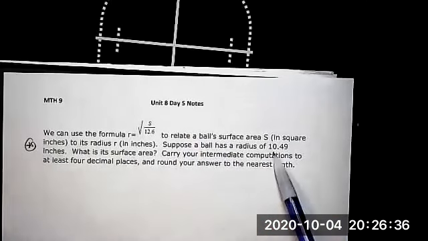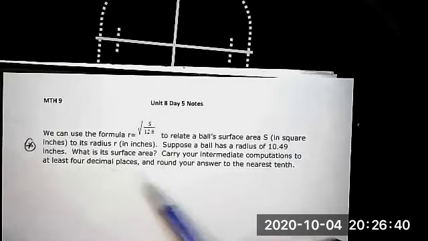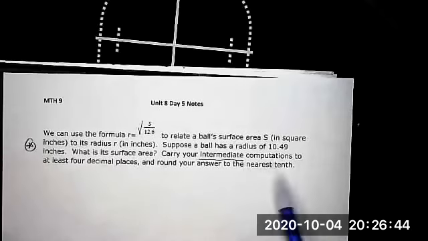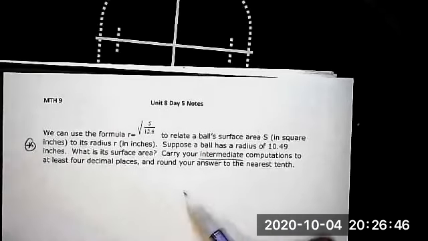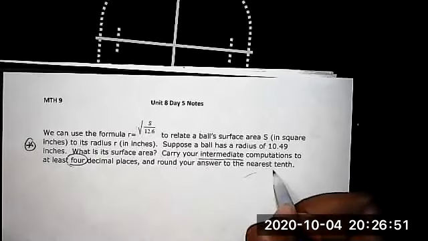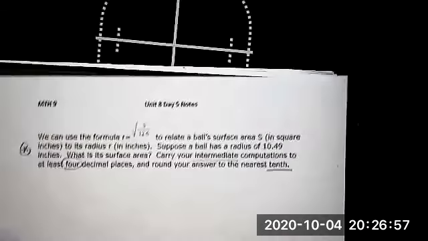Suppose a ball has a radius of 10.49 inches. What is the surface area? Carry your intermediate computations to at least 4 decimal places and round the answer to the nearest tenth. And we'll talk about that in a minute. Okay. So let's see what happens there.